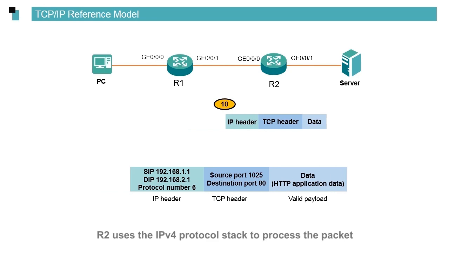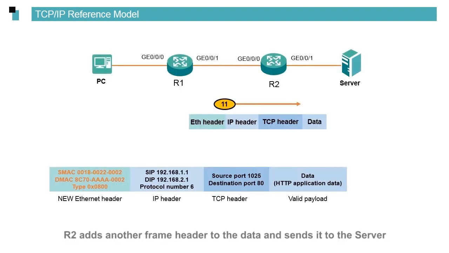R2 uses the IPv4 protocol stack to process the packet and finds that the destination IP address belongs to a direct network segment but is not a local one. R2 adds another frame header to the data and sends it to the server.